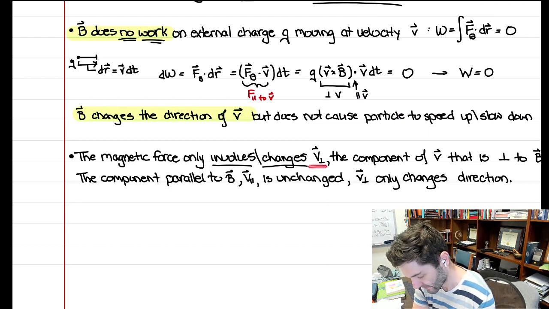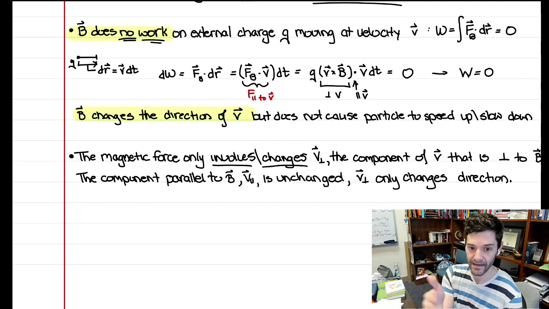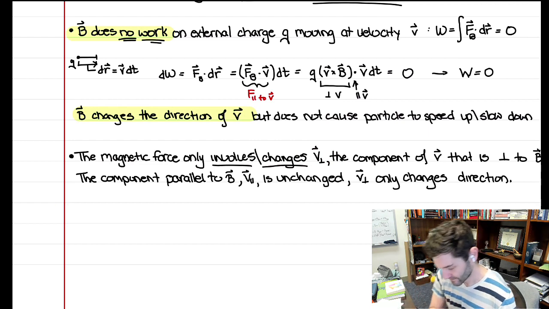So if I write v perp, the component of v that is perpendicular to B, that component is what gets changed in direction and not magnitude. The component of v that is parallel to the magnetic field never changes at all.